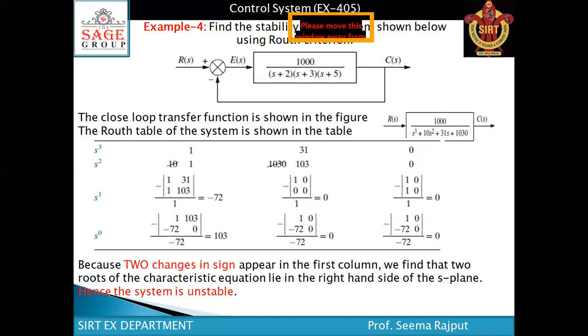After solving this table, we conclude that there are two sign changes in the first column. We find that two roots of the characteristic equation lie in the right hand side of the S-plane and the system is unstable.